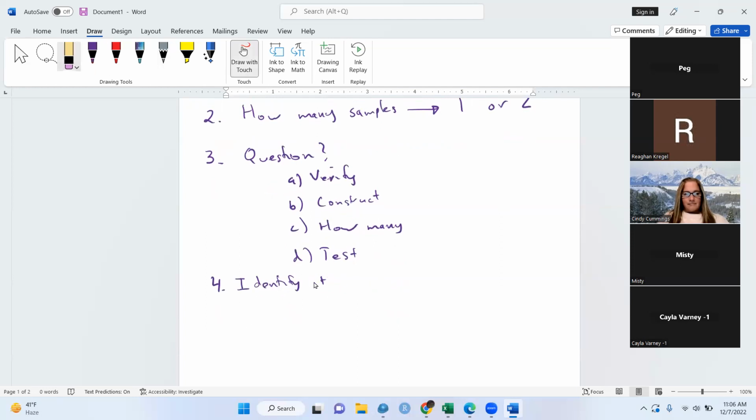Maybe we should say, determine the formulas. I'll put here reference sheet needs / formulas.